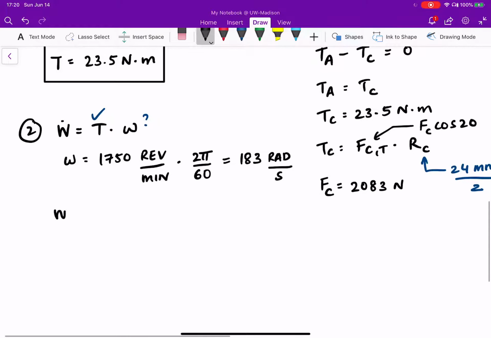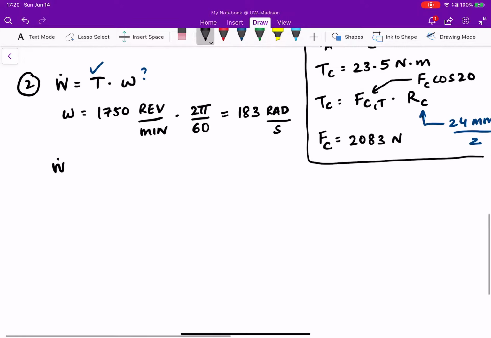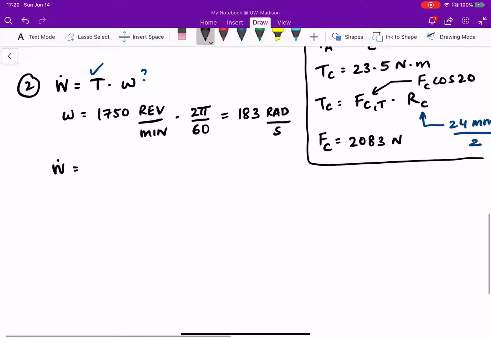So W dot, this is a separate problem, W dot is equal to T times omega, which is 23.5 Newton meters multiplied by 183 radians per second.